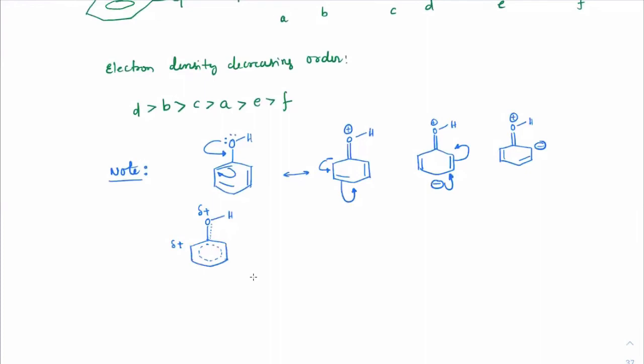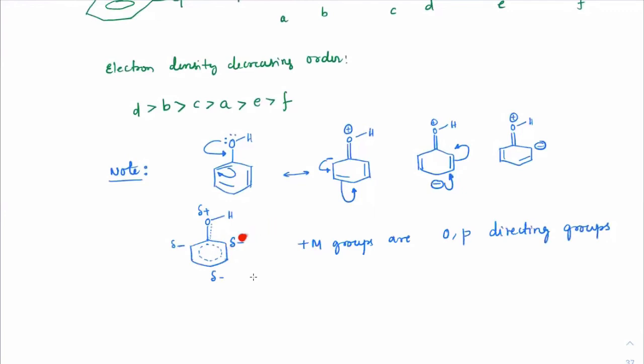But now you can see this negative charge is moving on which position? Negative charge is moving on ortho position as well as para position. So that's where we say all plus M groups are O and P directing groups. O and P directing groups means ortho-para directing groups.